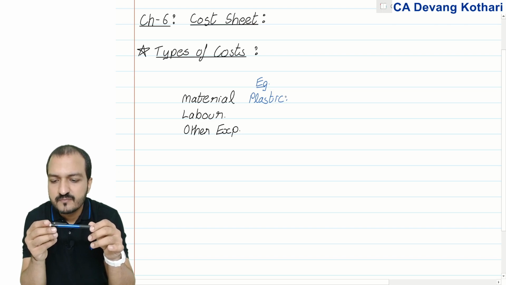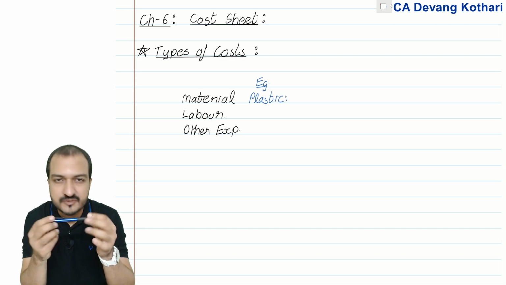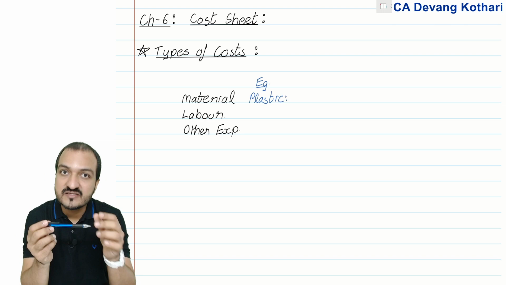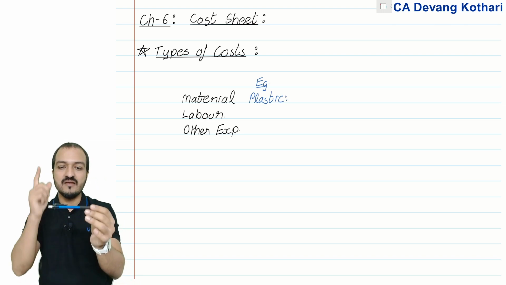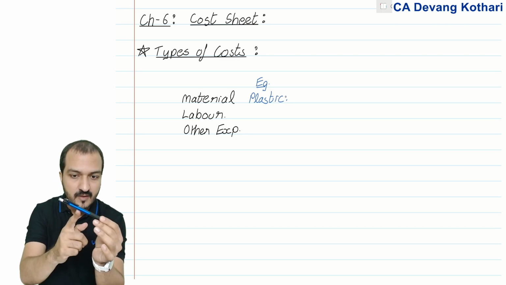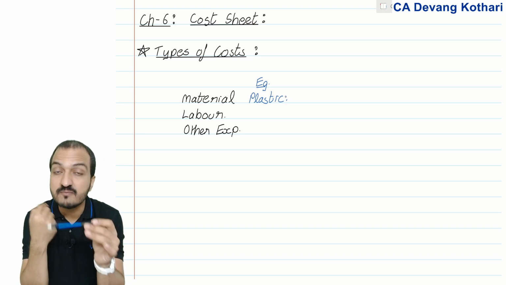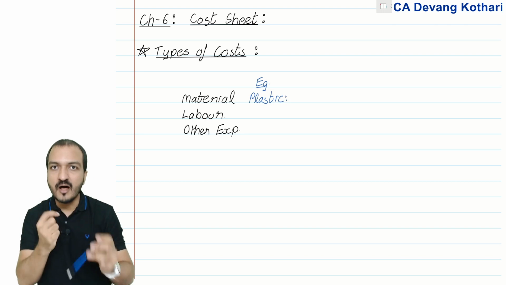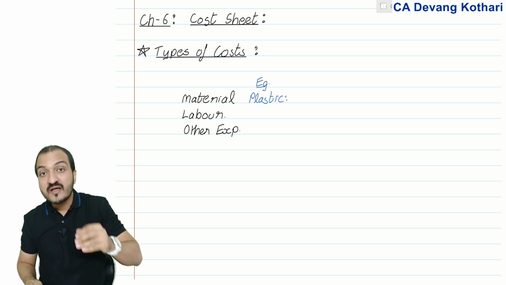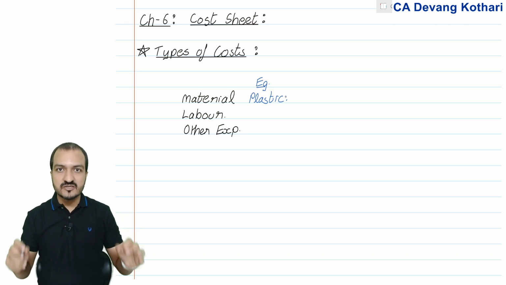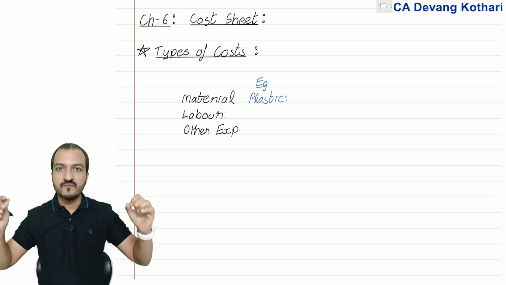But I ask you one more question. Instead of asking what is the material used in making this pencil, I change my question. Listen carefully. Now I ask, what are the materials which are consumed in my factory?